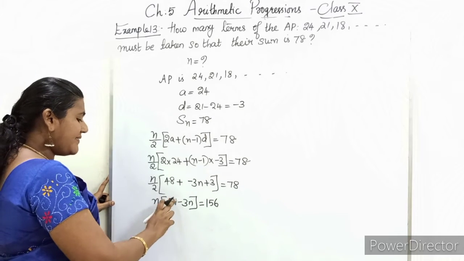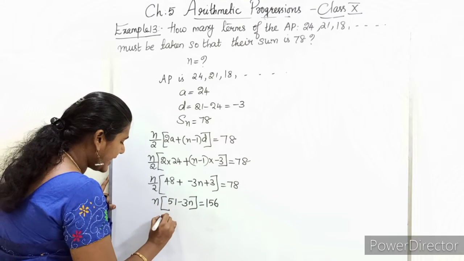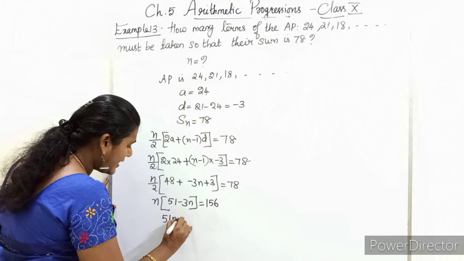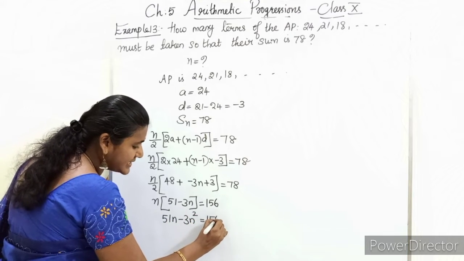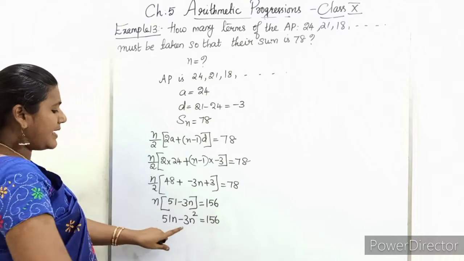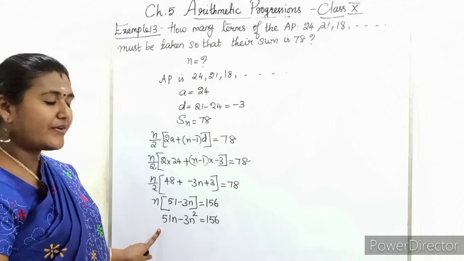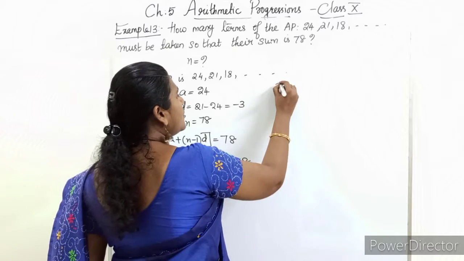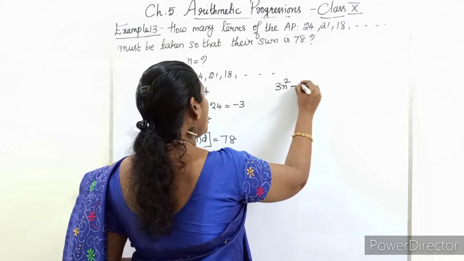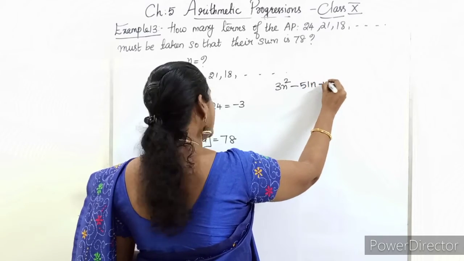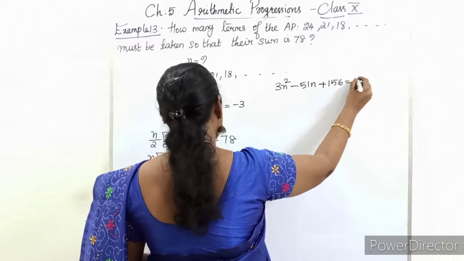Now again we will multiply each term by n. So 51n minus 3n square is equal to 156. Now we will convert this into the form of a quadratic equation. So 3n square minus 51n plus 156 is equal to 0.